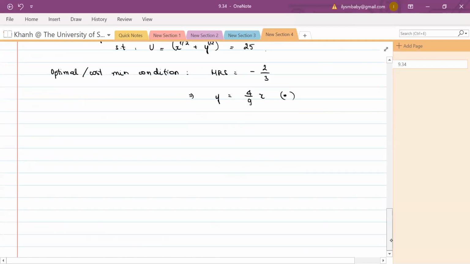The only thing different is that we are going to substitute this condition into our constraint, the utility level constraint.